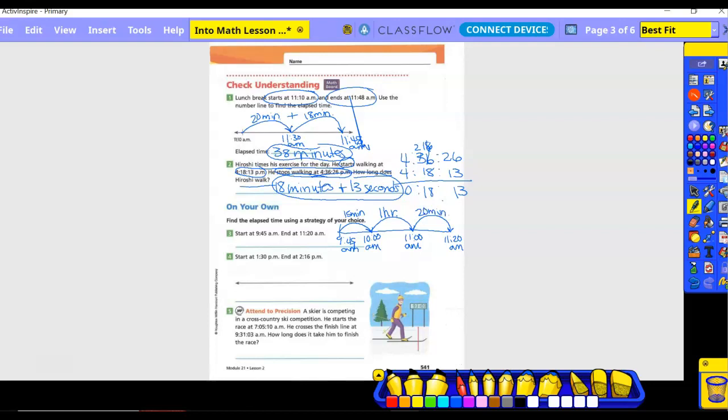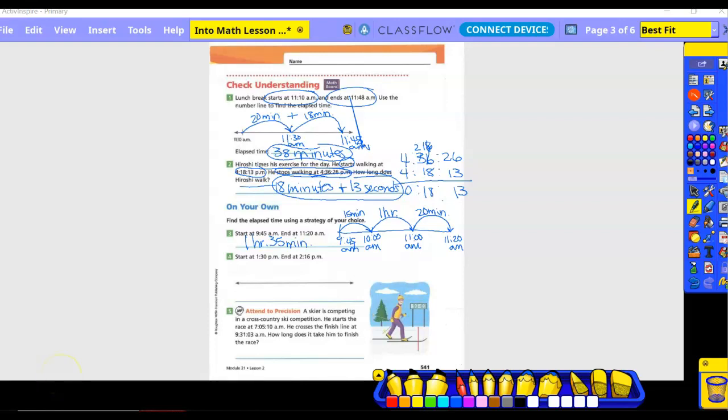So I'm going to have to add that together, and I have 1 full hour. And then what is 15 minutes plus 20 minutes? 35 minutes. So 1 hour and 35 minutes.